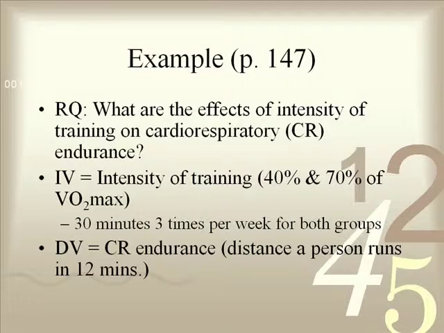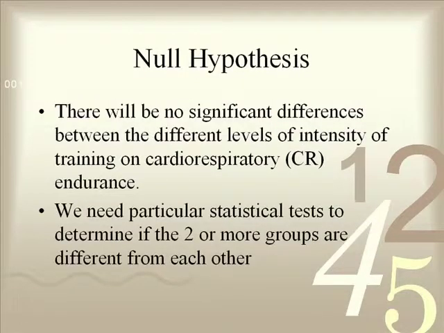So they train for a month, then we test them. We do the 12-minute run, see how many meters they run. We have a null hypothesis that says there will be no significant differences between the different levels of intensity of training on cardiorespiratory endurance. Okay, no difference.